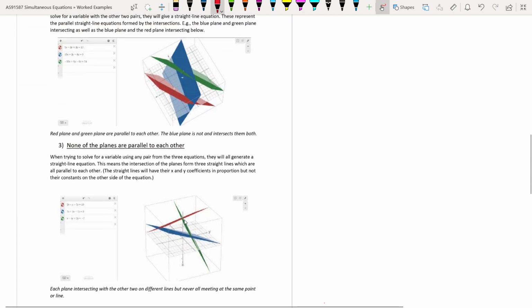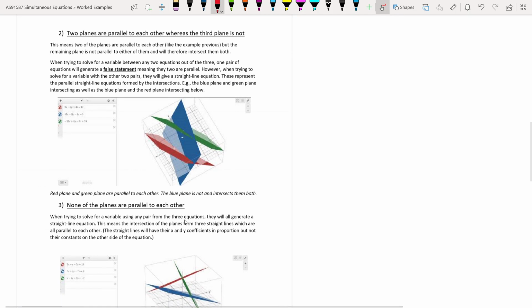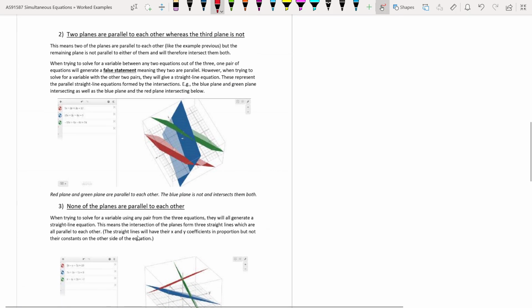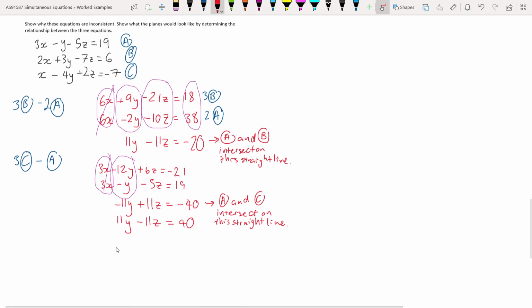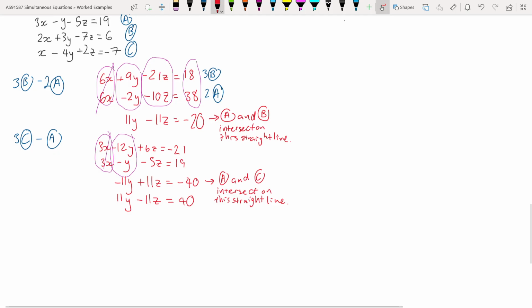Now when I scroll up here, this is what this sort of thing here is talking about. The straight lines have their x, y and z coefficients in proportion, but not their constants. So as you can see there, if I had done 11 divided by 11 for these two, negative 11 divided by negative 11, that would be the same.